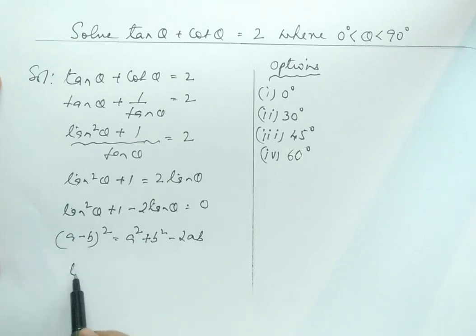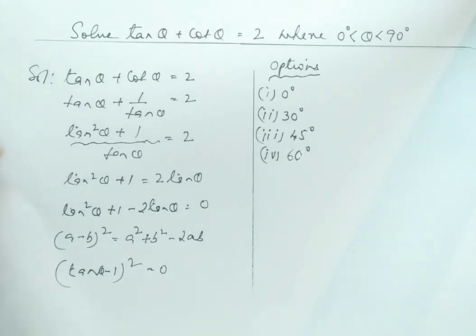So can we not write as tan theta minus 1 whole square equals to 0? We can, isn't it? Now when a square goes to the other side as a square root, we know that it's tan theta minus 1 again equals to 0.